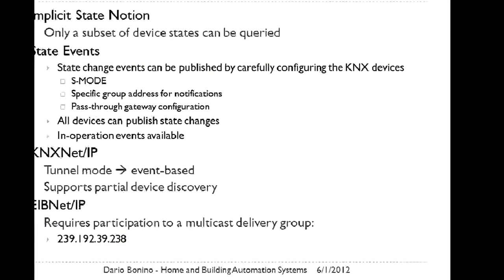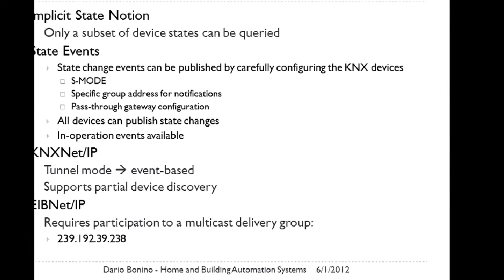Not only that, depending on the data points present on the devices, we can query the state or not. For example, the switch data point can be queried, so we can query if an actuator is on or off. But other data points, like the one for push buttons, cannot be queried. So I cannot query the state of a push button. Okay? So this is quite different from the MyOpen system where I can query everything.